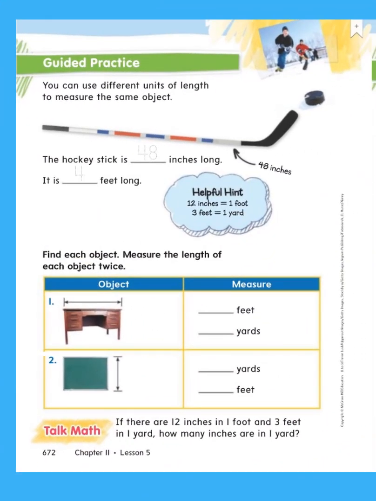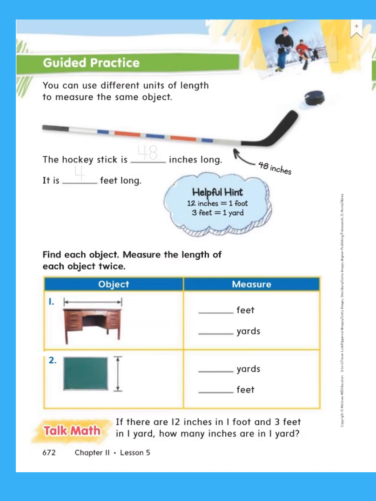So it says here, you can use different units of length to measure the same object. The hockey stick is 48 inches long. It is 4 feet long. And look at the helpful hint. That gives you the information that you really need to start memorizing.